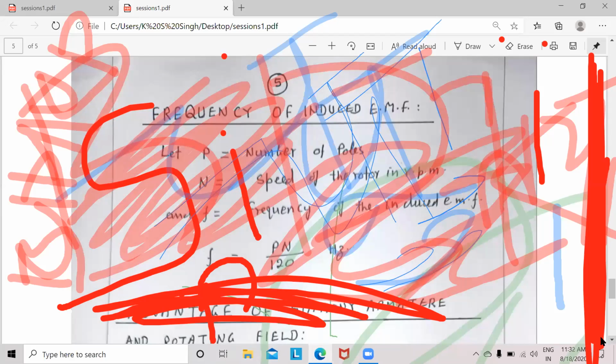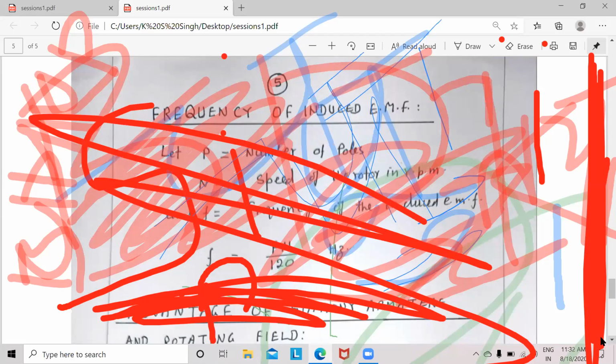What is the frequency of the induced voltage? Since the voltage induced is alternating, for the frequency of the induced EMF, let P be the number of poles, N the speed of the rotor in RPM, and f the frequency of the induced EMF. Then f is equal to PN by 120 Hertz.